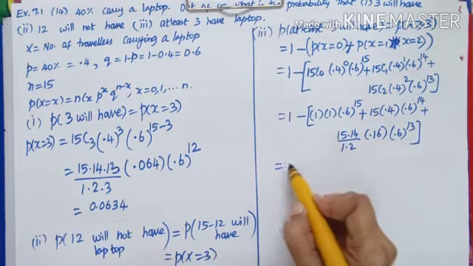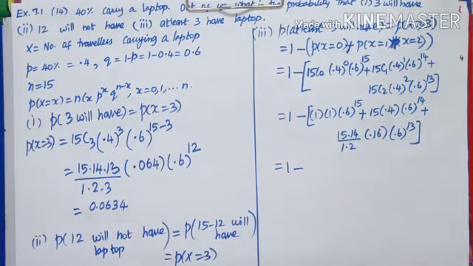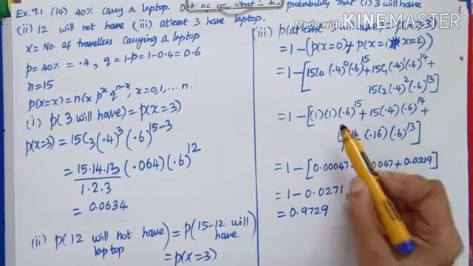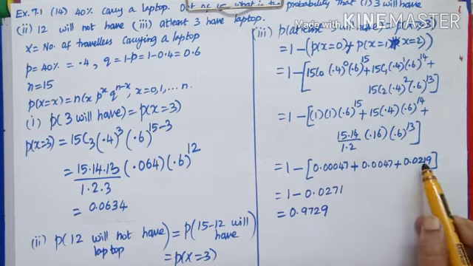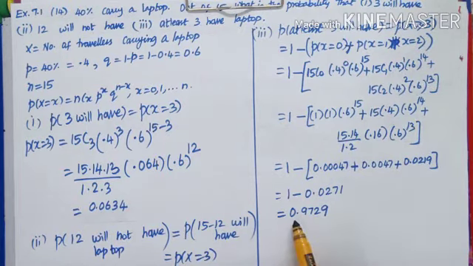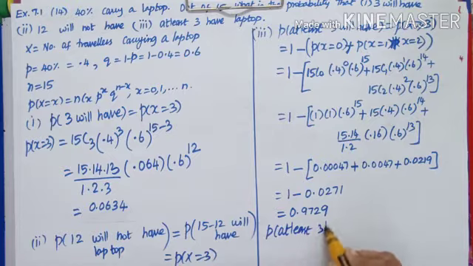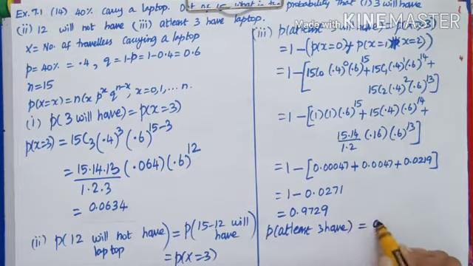So use the calculator, simplify the answer. Find each term separately, add it all, then subtract from 1, we get 0.9729. So the probability that at least 3 have the laptop is equal to 0.9729.